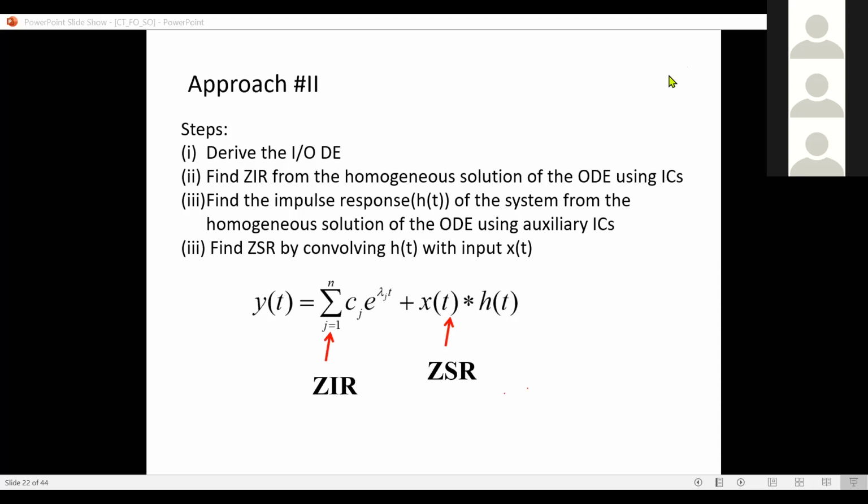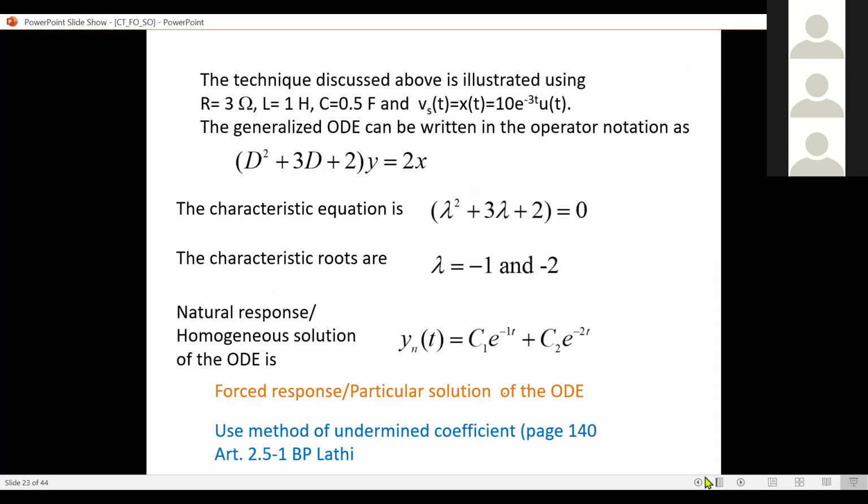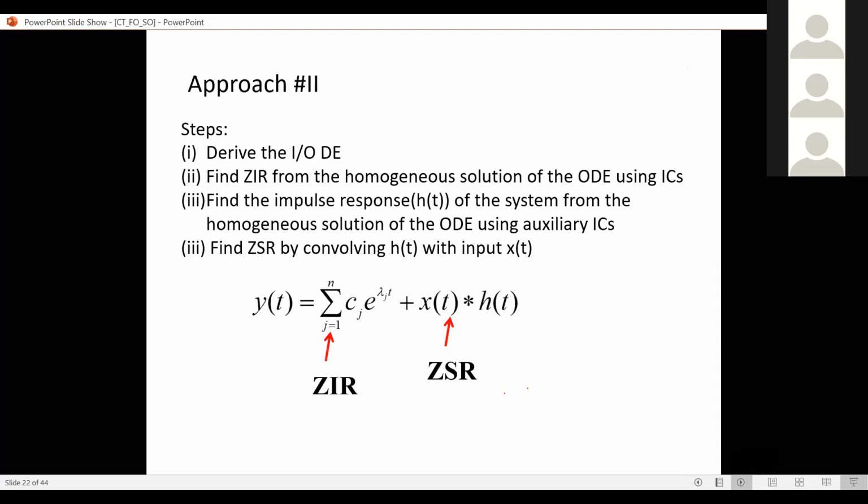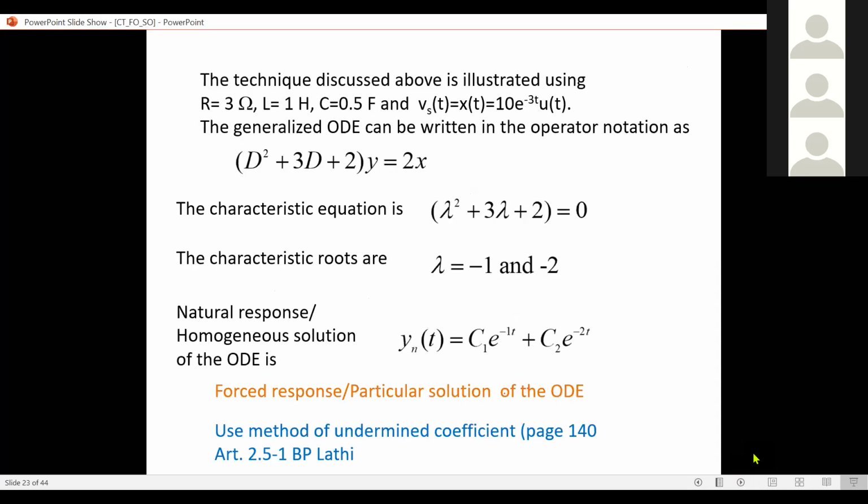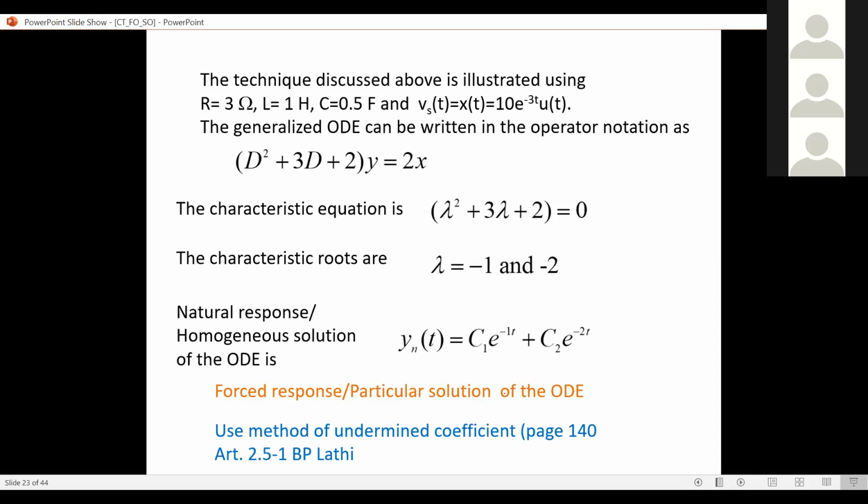Although, meanwhile, you have learned about transfer function. So you can also apply your Laplace transform to find the impulse response, because impulse response is the Laplace inverse of what? Impulse response is the Laplace inverse, sir. Of the transfer function, okay. Yes, because you know that transfer function is the ratio of output and input.